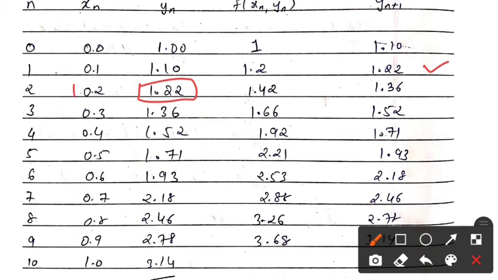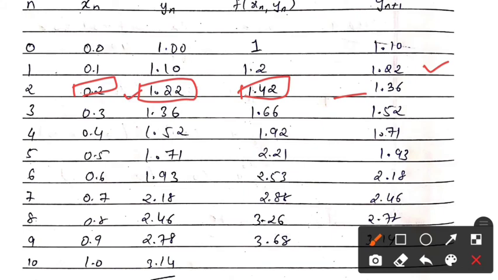Again, this last term 1.22 will be written over here. Again, put this xn and yn in your function, that is x plus y, and start solving it. You get f of xn and yn. Again, put this value in Euler's formula. You get your 1.36.